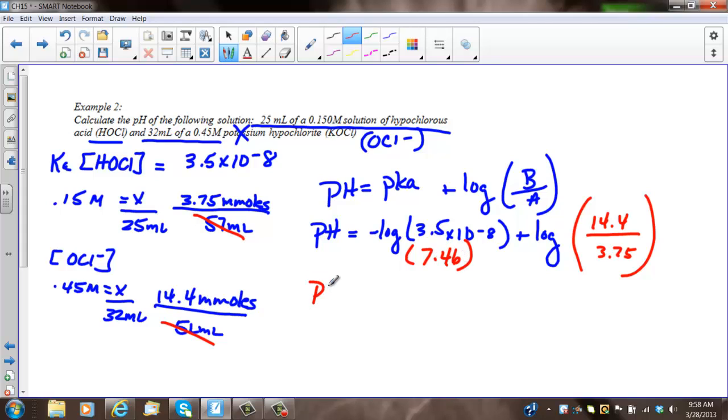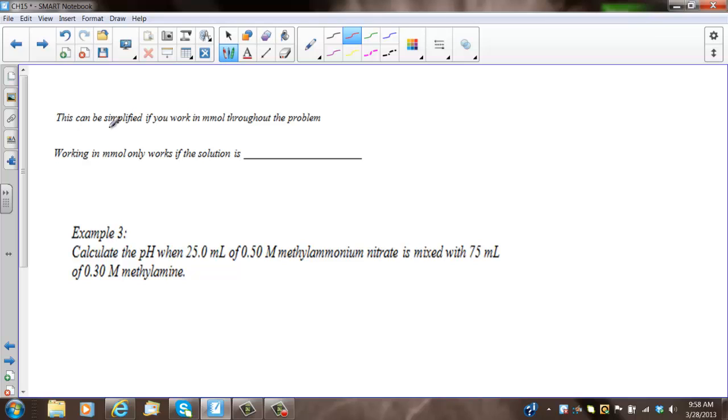So my pH is going to be equal to 8.04, and that's the problem. So this can be simplified if you are working in millimoles throughout the problem, which I've shown you. Working in millimoles works if the solution is a buffer solution.